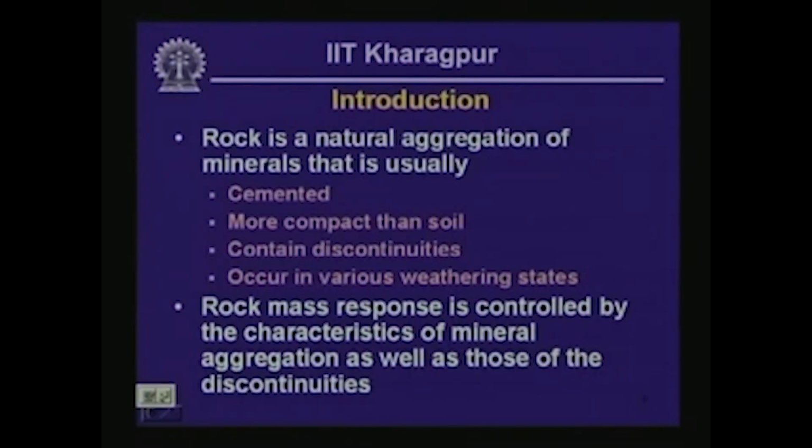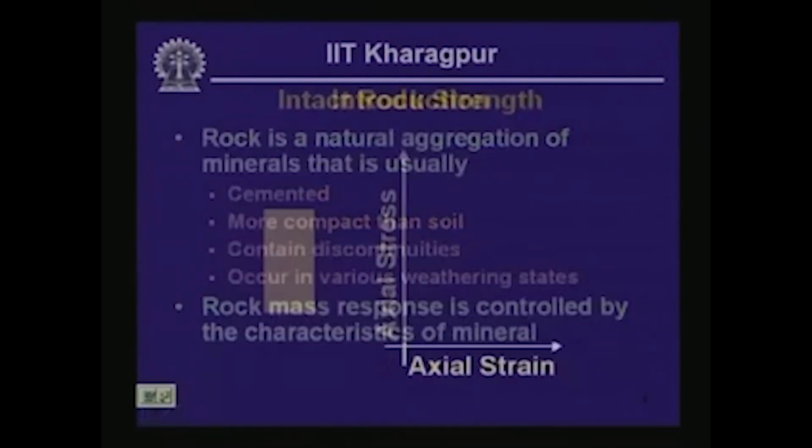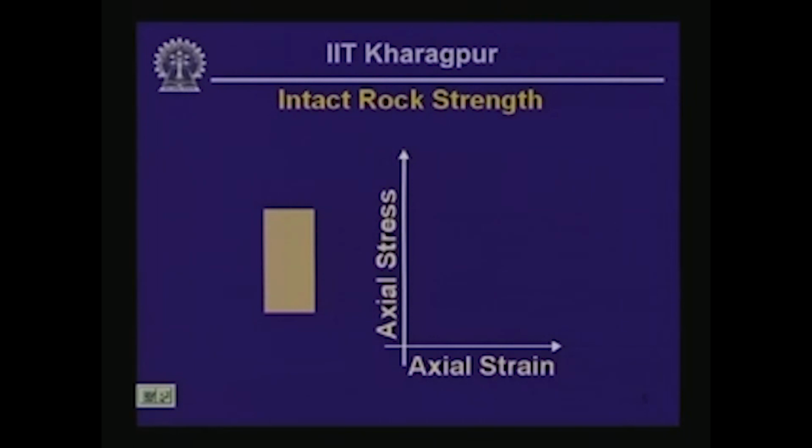So, that is the basic difference that we will face when we are trying to look at the engineering characteristics of rock. Now, first of all, we have to look at the strength.